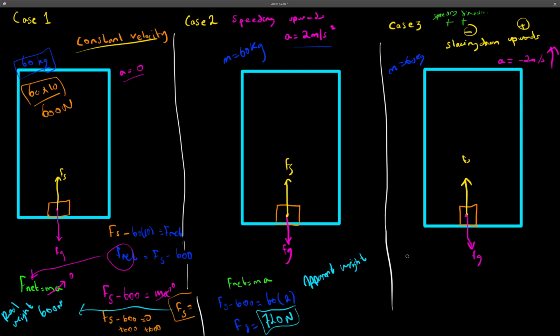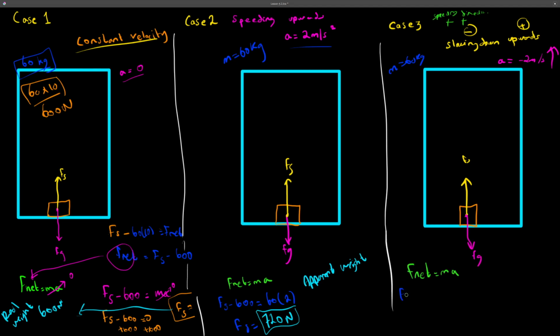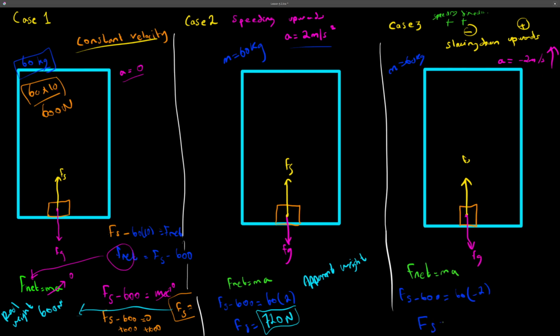And we can still calculate our Fnet. We'll do the same formula. And we're going to see the difference this time with a negative acceleration. So Fnet is Fs minus 600, and it's equal to 60 multiplied by, this time it's negative 2. And if we calculate it, we're going to get an Fs to be equal to 480 newtons.